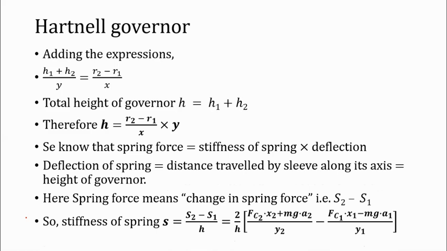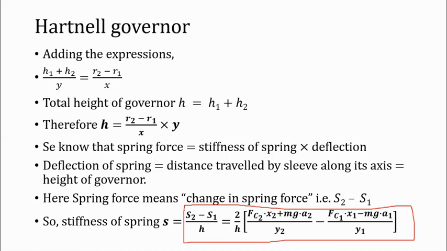This is your respective equation. So the stiffness of the spring is equal to the change in the spring force divided by deflection. That deflection is height. So in the last class we discussed up to here.